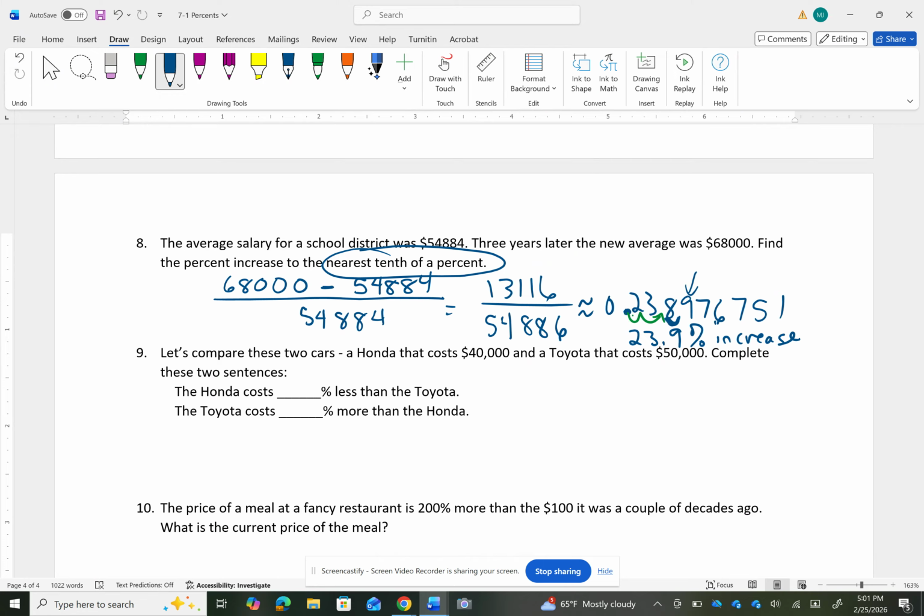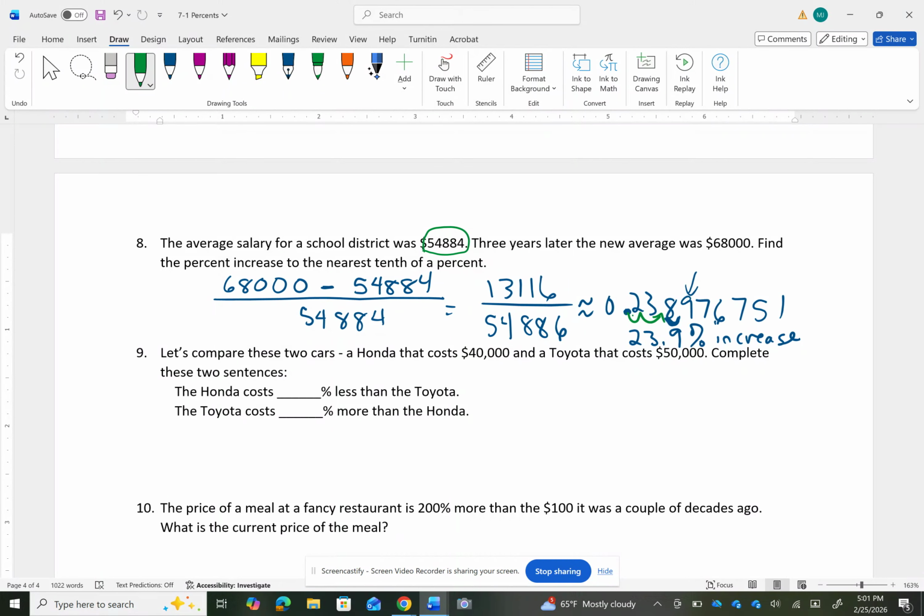On question number 9, what I'm trying to get at here is that you have to pay attention to your reference value. On both 7 and 8, when we talk about it being a 23.9% increase, that's a 23.9 percent increase over what it was originally.